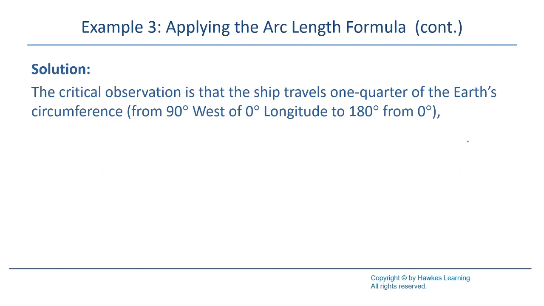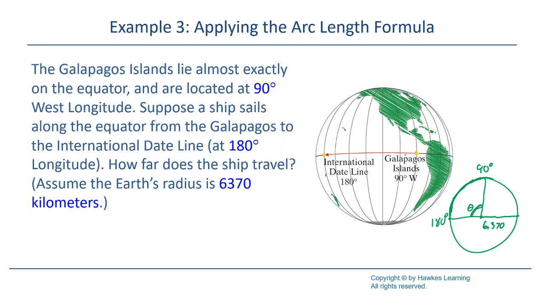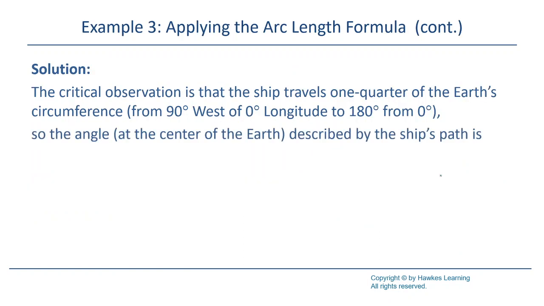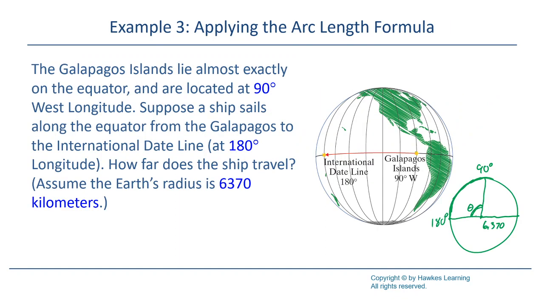So, again, observing that we're going from 90 degrees west of 0 degrees longitude to 180 degrees from 0 degrees longitude. So the 0 degrees would be off this direction. So at the center of the Earth, that would be our angle. And again, this is your cross section.